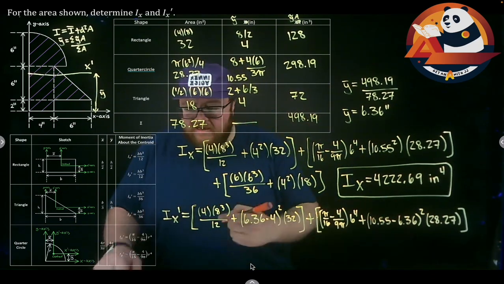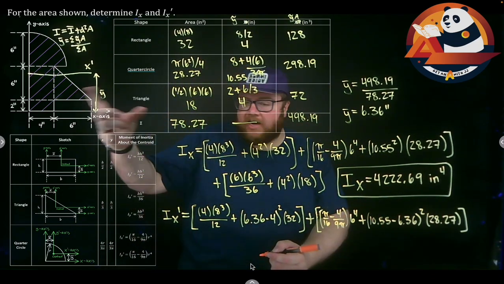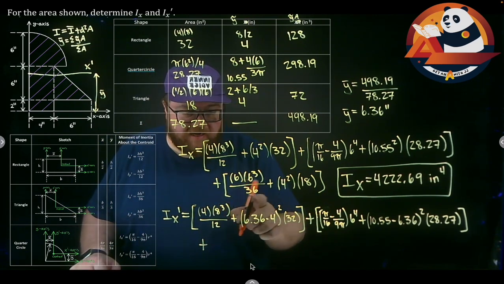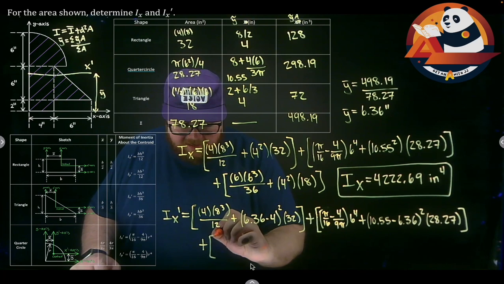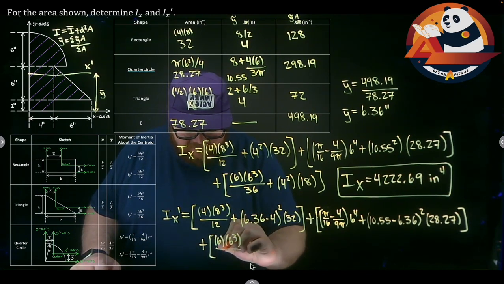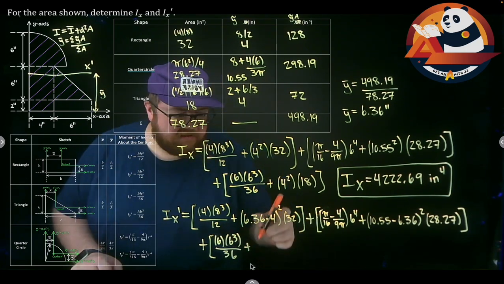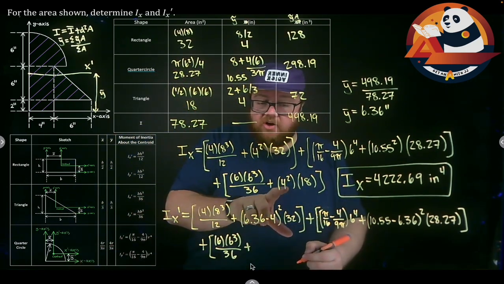And then we have one last, we need to get the triangle in here. So plus, again, our beginning's the same. 6 times 6 cubed over 36. Plus, our distance squared is no longer 4.